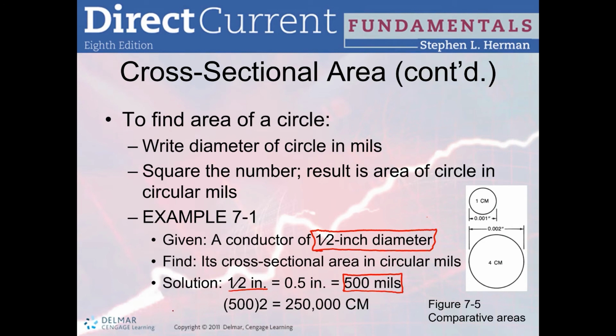Because I already told you that diameter squared is going to be equal to circular mils, if I square my 500 mils, that's going to be equal to 250,000 circular mils. Usually you would see this as 250 kcm. So a 250 kcm conductor is equal to a conductor that has a diameter of ½ an inch.